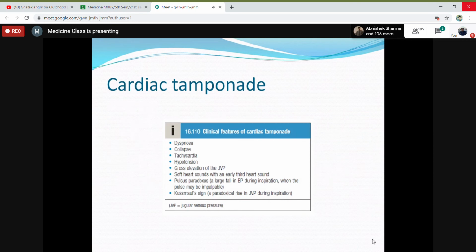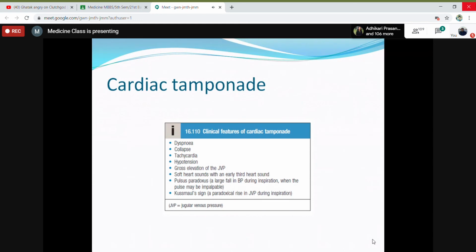Okay, what are the features of cardiac tamponade then? The patient will have dyspnea. Some of the patients may also collapse. They will have tachycardia, hypotension, gross elevation of JBP, and the heart sounds will be very soft and faint with early third heart sound.